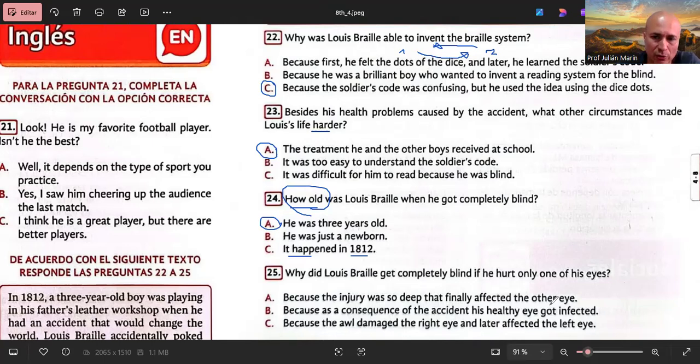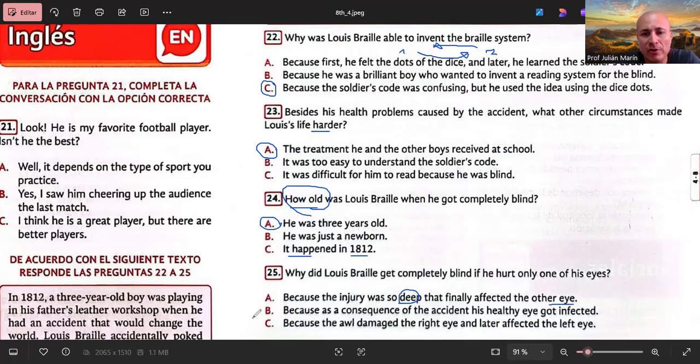Okay, yes, it is true that the other eye was affected, but it was because of an infection, not because of the depth of the sting, right? So this one is also tricky. I will analyze the other two options.